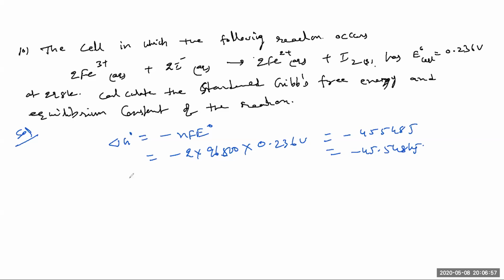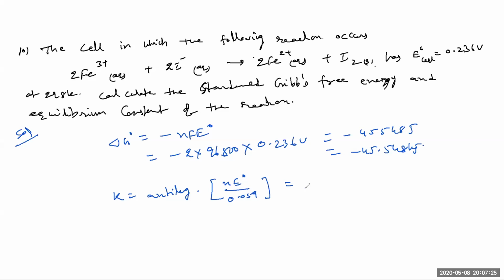So you know what is the relation between the galvanic cell and the equilibrium constant K. K is equal to, as I have already derived previously, the antilog of nE° by 0.059. So what is the n value?